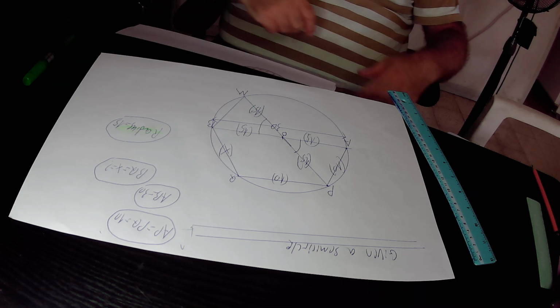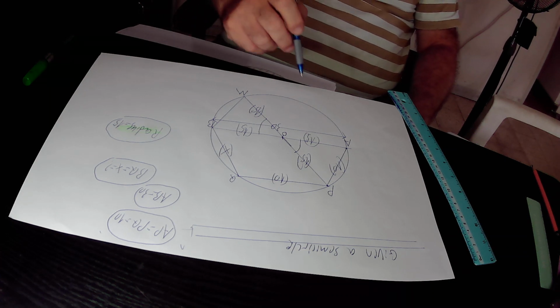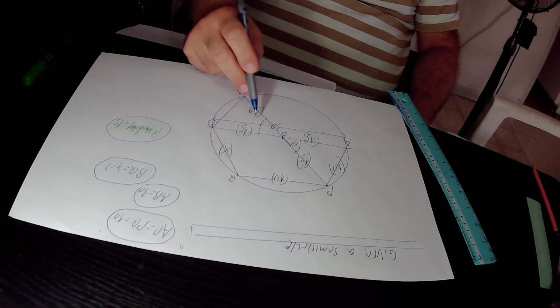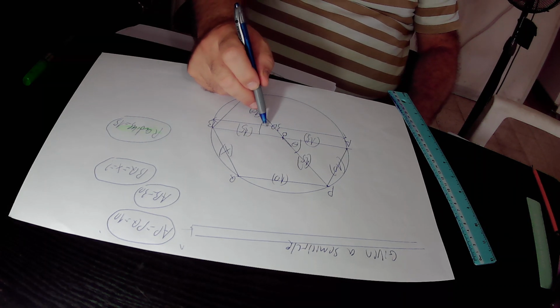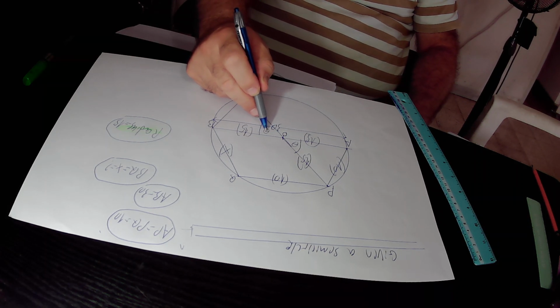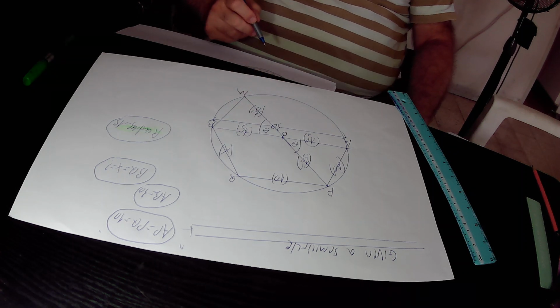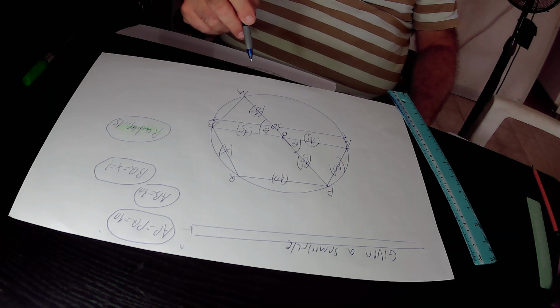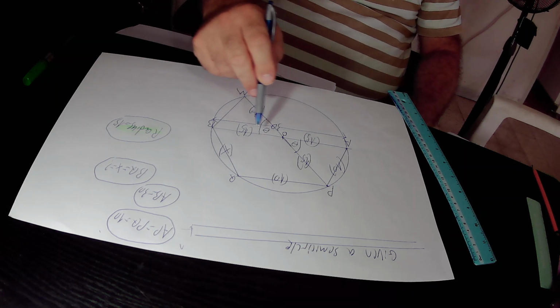So if we define this vertex angle as theta, then this vertex angle must also be equal to theta according to the rule that I mentioned. So in the next step, we prove that this triangle APO is congruent to this triangle MOB.